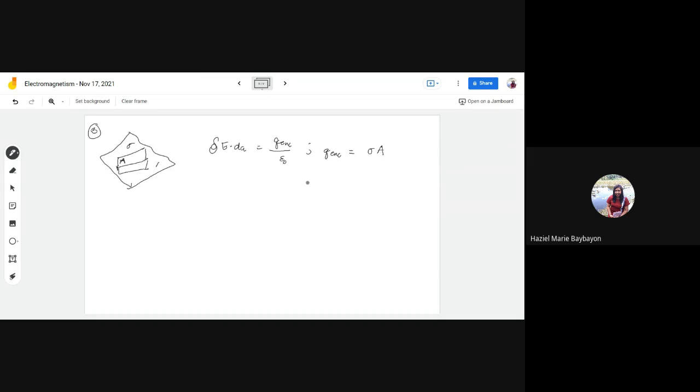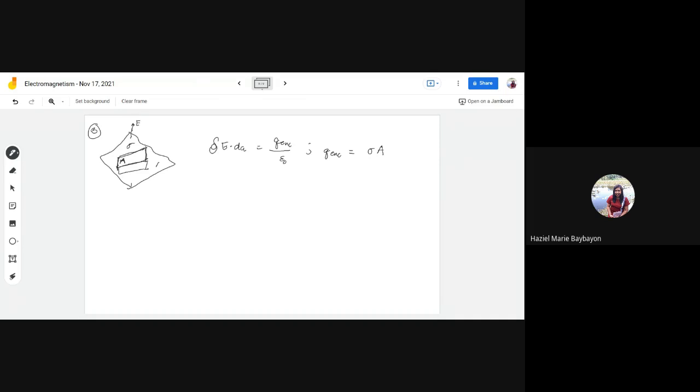So again, this A here is the area of the top and bottom of your Gaussian pillbox. Why did we consider the top and bottom? Since for this plane, the electric field is perpendicular to the plane.